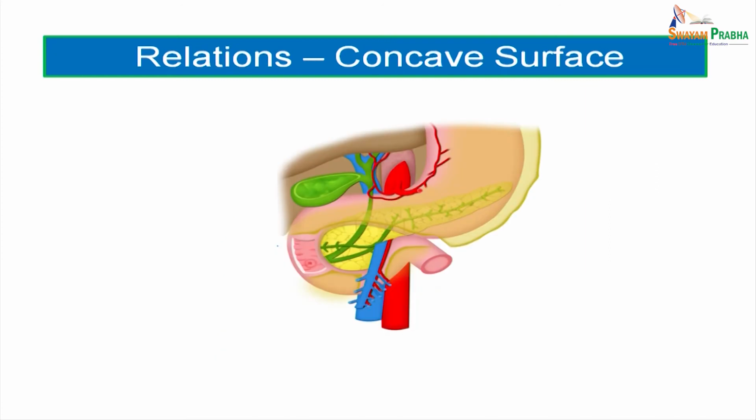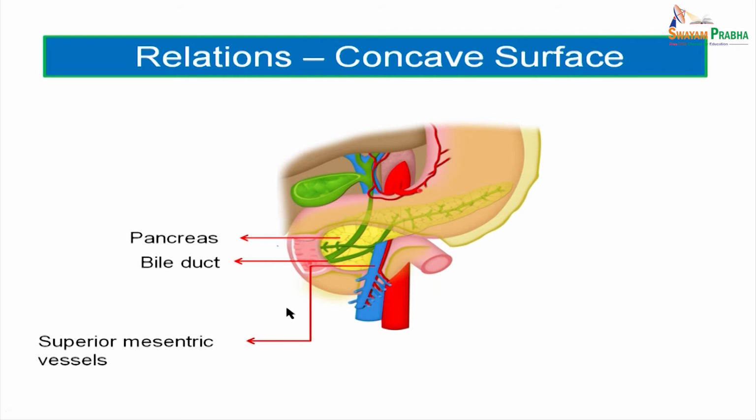So, that was about the convex surface, and moving on to the concave surface, we have the pancreas and the opening of the bile duct into the second part of the duodenum, and the third part is related to the superior mesenteric vessels.